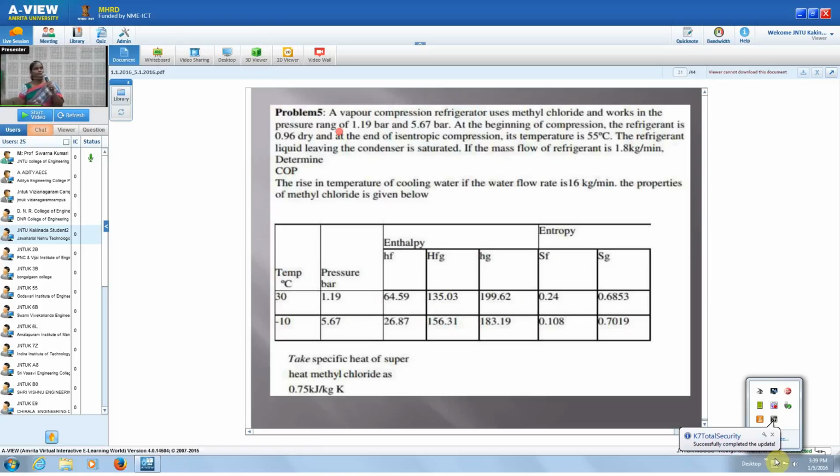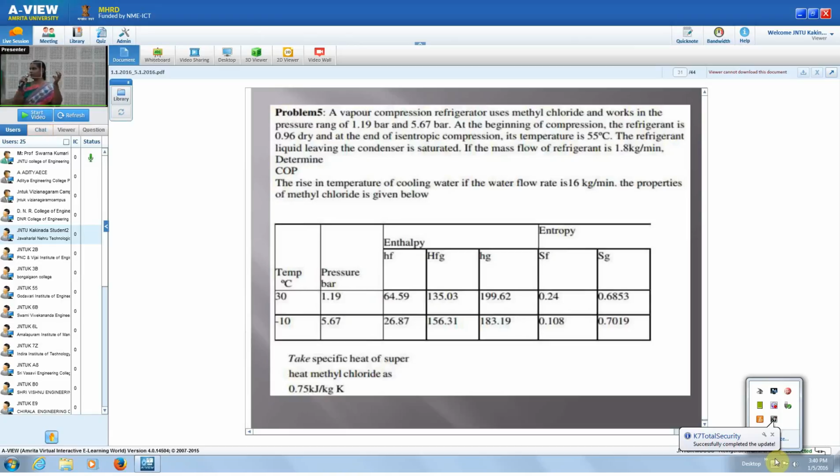So the main difference between the previous problems and this problem is that at the suction of the compressor, the dryness fraction is given, and even the discharge temperature is given as 55 degrees centigrade. So no need to find out the superheating temperature. Simply find the enthalpy at B. The discharge is at 55 degrees centigrade and the actual condensation temperature is 30 degrees centigrade.